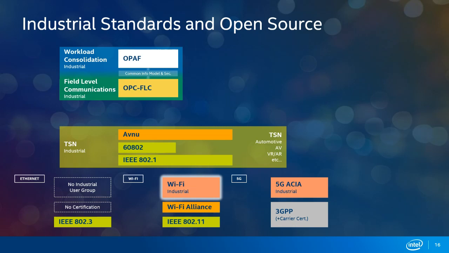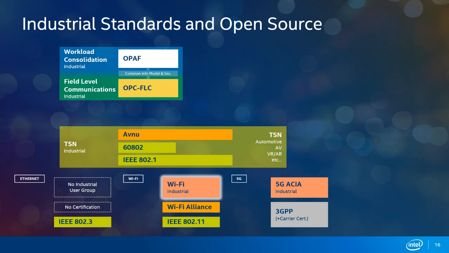In the time sensitive networking space, I've mentioned IEEE 802.1. 60802 is the industrial profile, and Avnu is an organization that has done a lot of certification already in the time-sensitive networking space across automotive and pro and consumer AV, and we're bringing that experience to help us with certification in the industrial space.